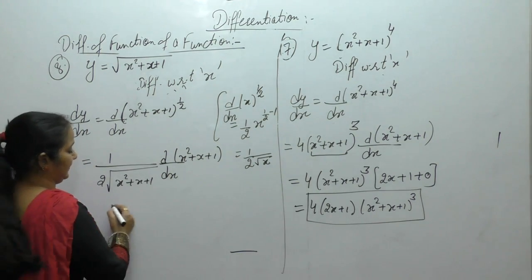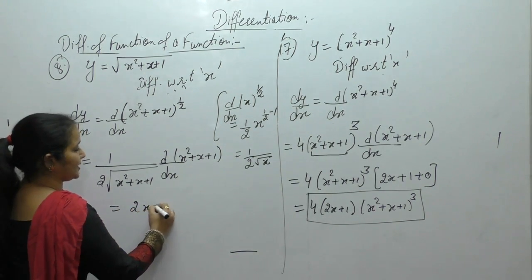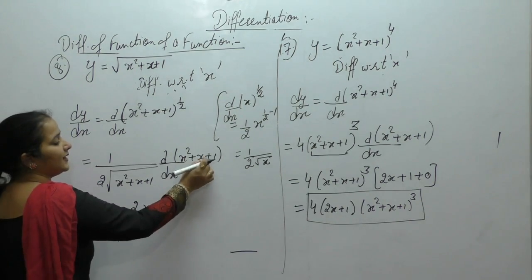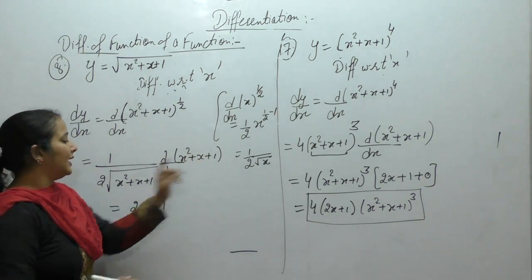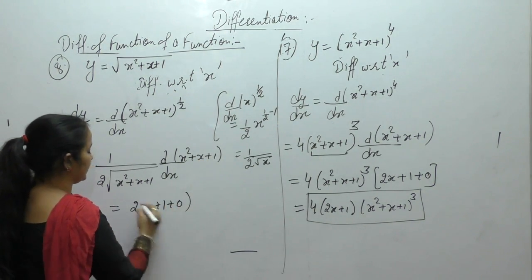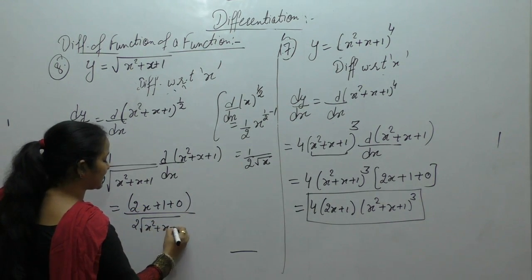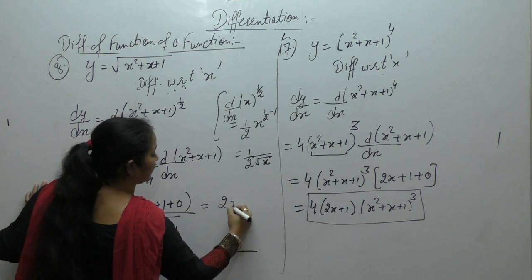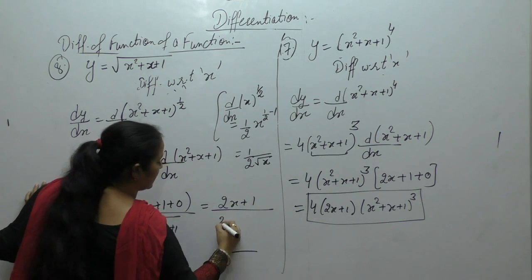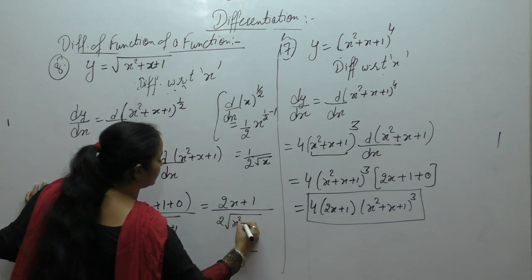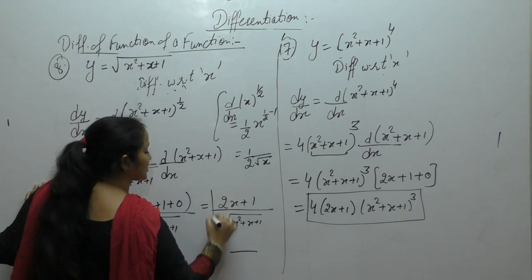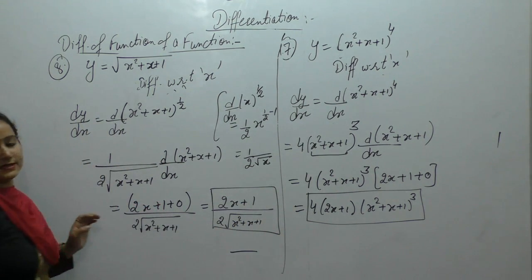Clear? Derivative of x square is 2x, derivative of x is 1 and constant term is 0, upon 2 square root of x square plus x plus 1. So we get (2x plus 1) upon 2 square root of x square plus x plus 1.